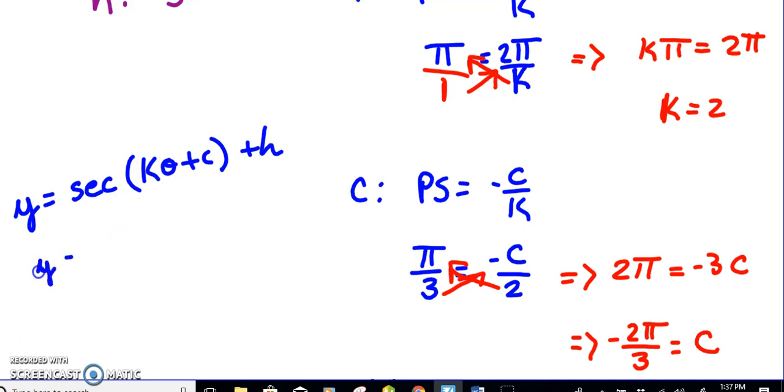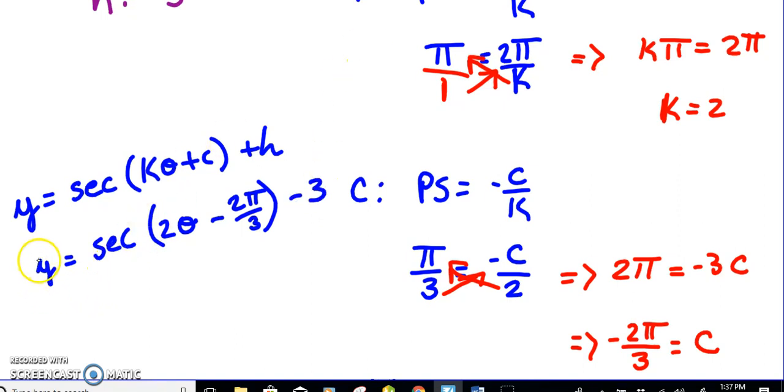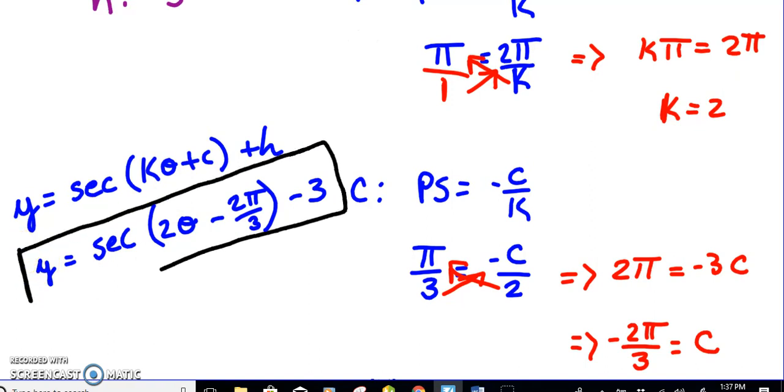So y equals secant of 2 theta, K is 2, plus C, which is negative 2 pi over 3, and our H is minus 3. And that is our equation. That's all you have to do. Not hard, not bad at all. We got this.